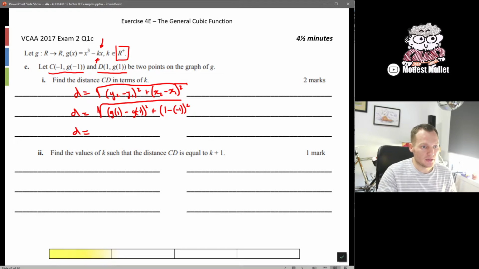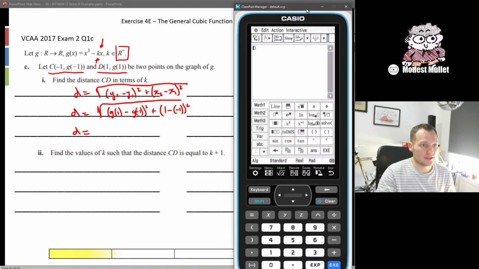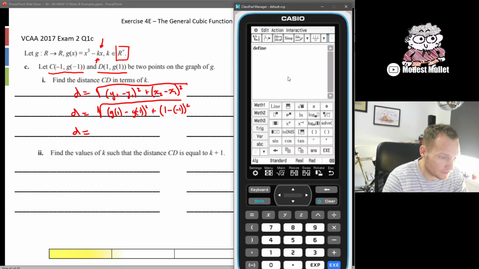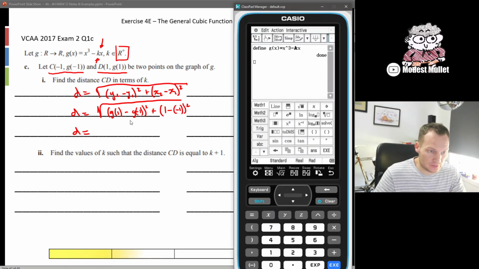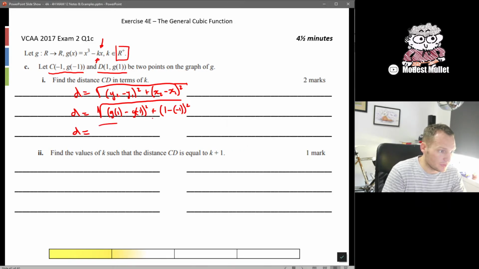But again, let's look at using our CAS, and if we define quickly g of x is equal to x cubed minus, we need a variable, kx, done. We can then just put that whole thing in, and it'll figure it out for us.